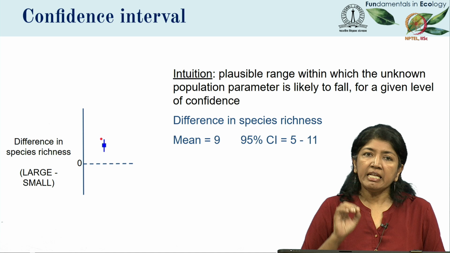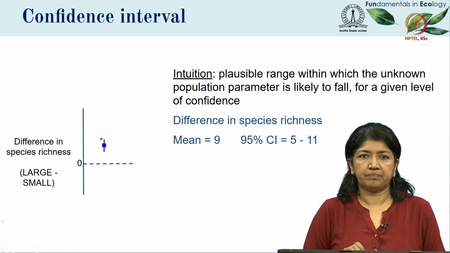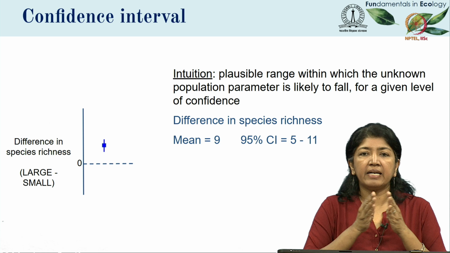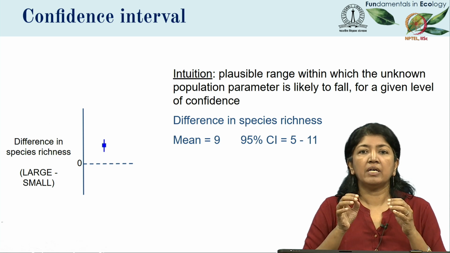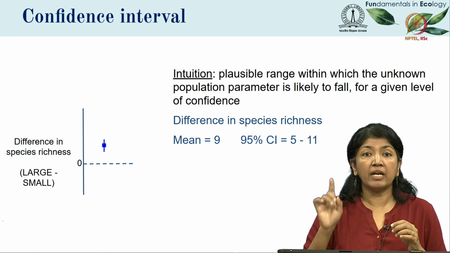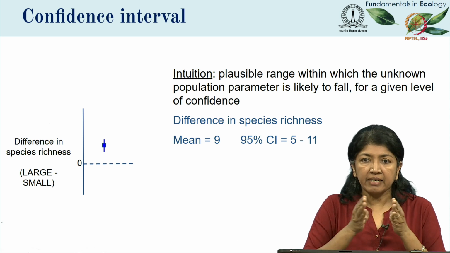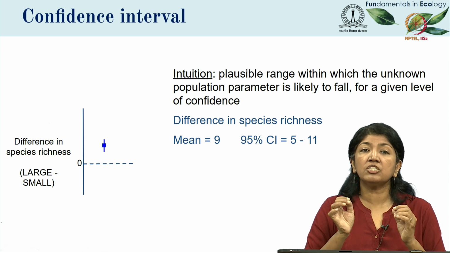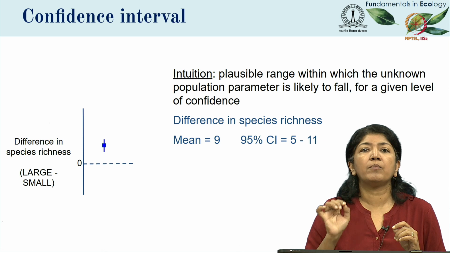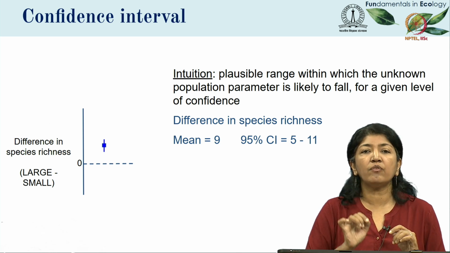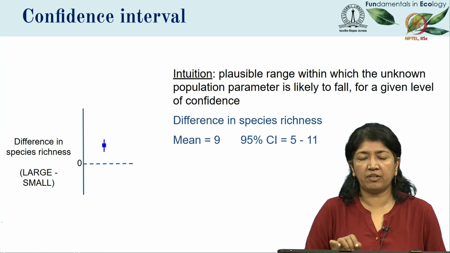So, you can think of the confidence interval, the intuition here is that it is the plausible range within which that unknown population parameter that we are interested in is likely to fall for a given level of confidence, here 95%.